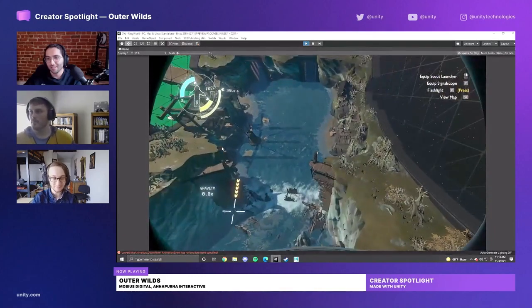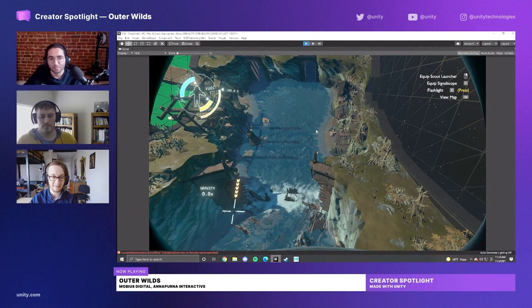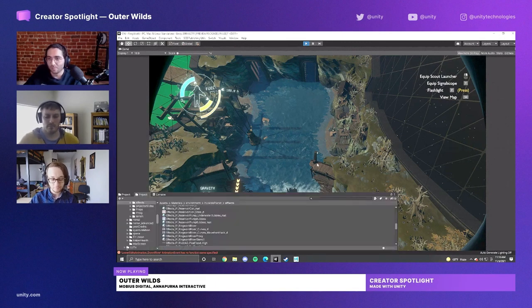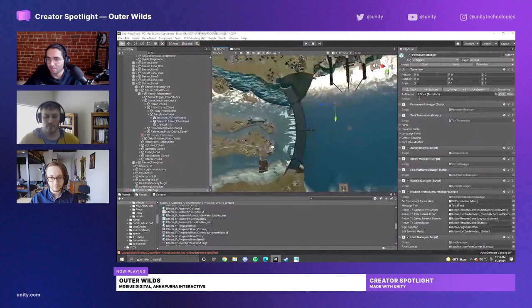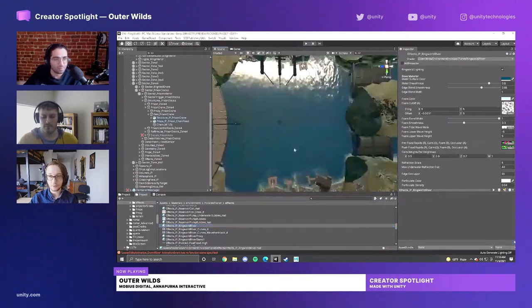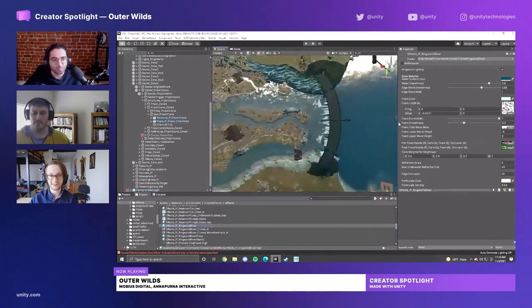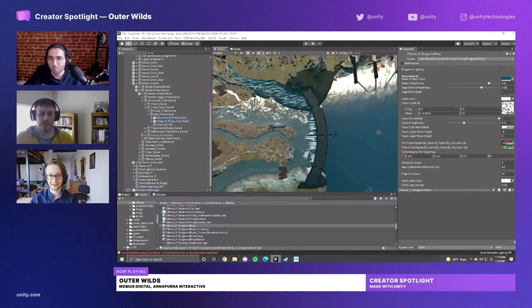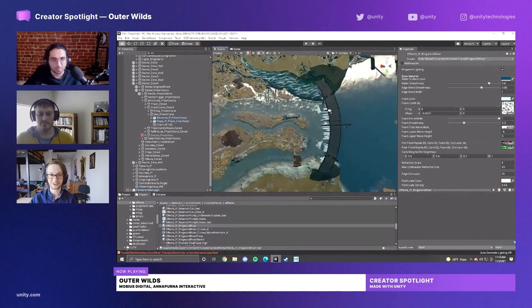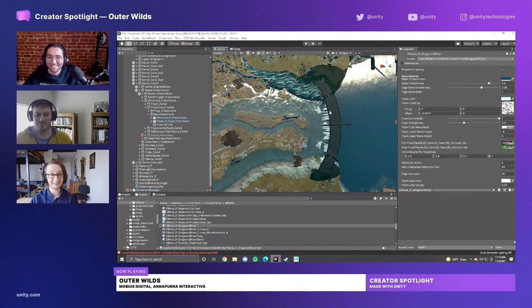That's the flood. So back in the editor, let me talk about the shader going on here. Okay, so the Ringworld River is one of the most complex shaders in the entire game. Surprise, surprise, it uses a version of the tessellated sphere renderer, except this is a tessellated ring renderer.